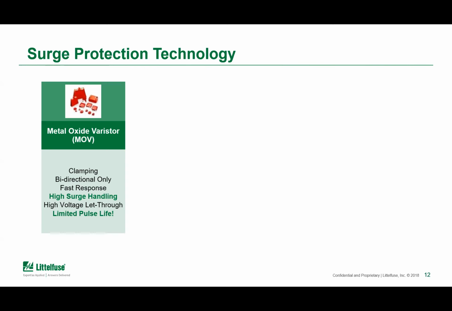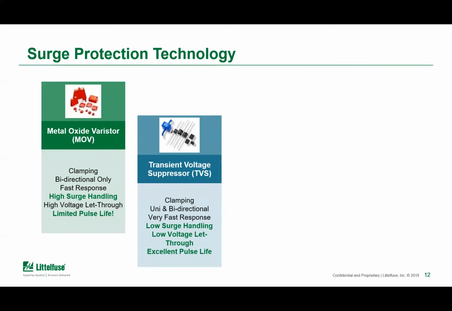So it does allow for very high transient energy capability. A couple of the drawbacks is it does have a little higher let-through voltage, or it doesn't clamp as low as some other types of devices. And it also has a limited pulse life, which we kind of talked about a little bit. It will handle so many pulses over its life until eventually it may begin to degrade and wear out.